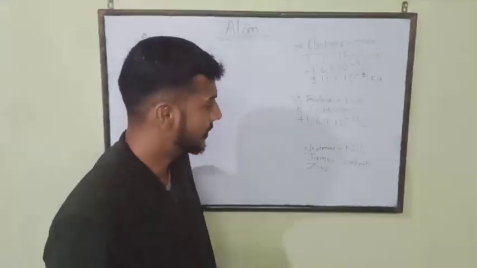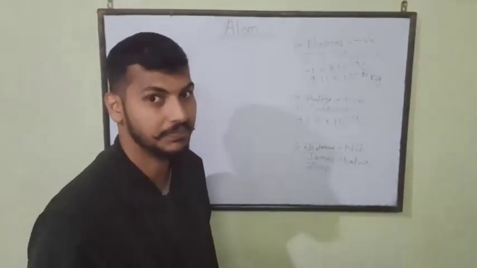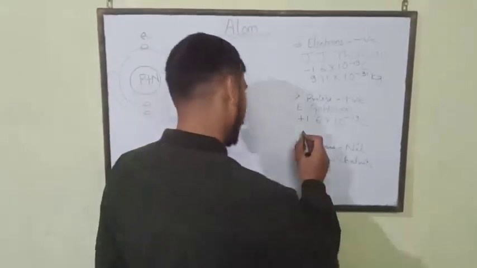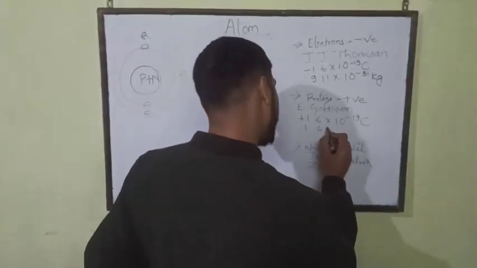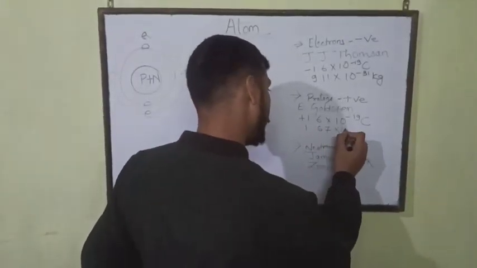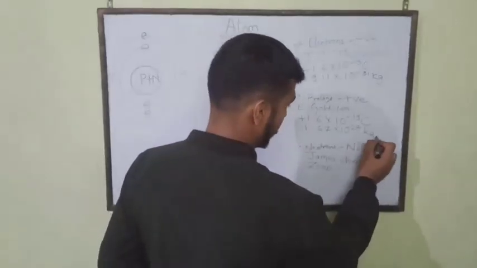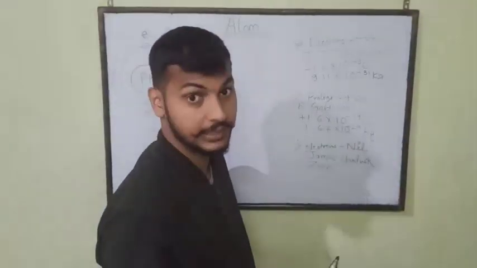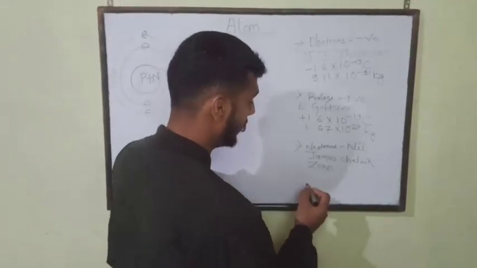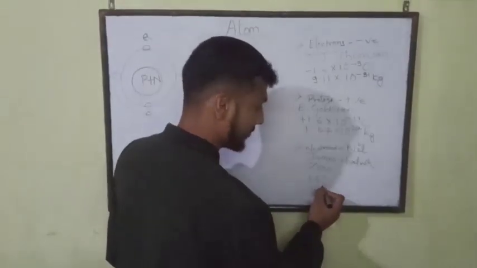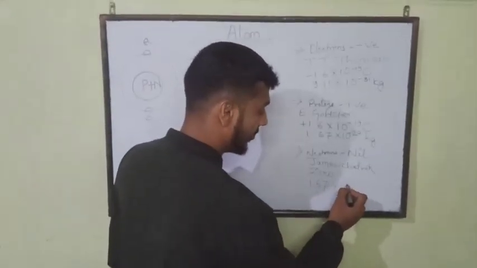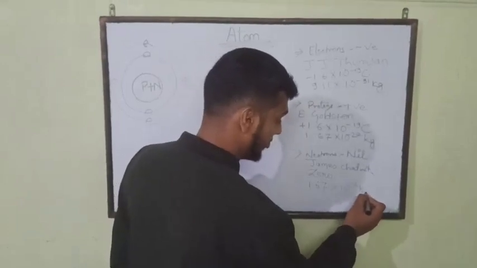But you know, the masses of proton and neutron are the same, and that is 1.67 into 10 to the power minus 27 kg. Similarly, as I said, the mass of a neutron is also 1.67 into 10 to the power minus 27 kg.